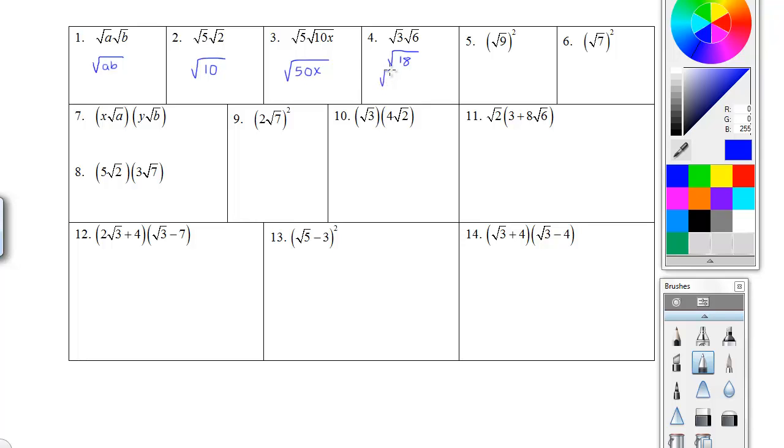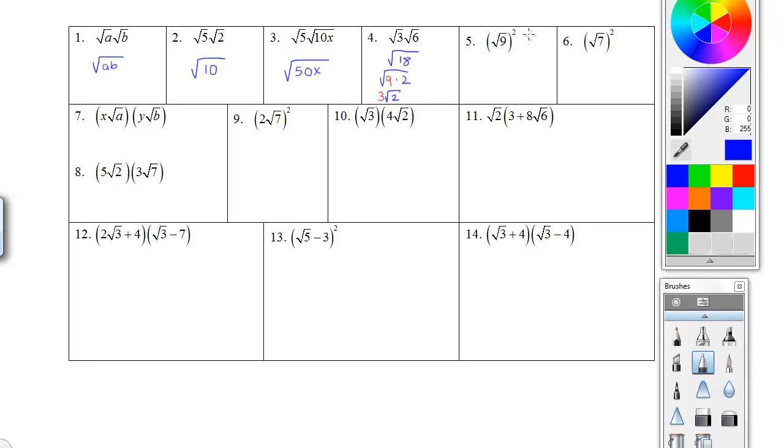But if I do that for the 18, 18 can be rewritten as 9 times 2, and then the 9 can come out, and when it comes out it will be a 3, and the square root of 2 is still under there.